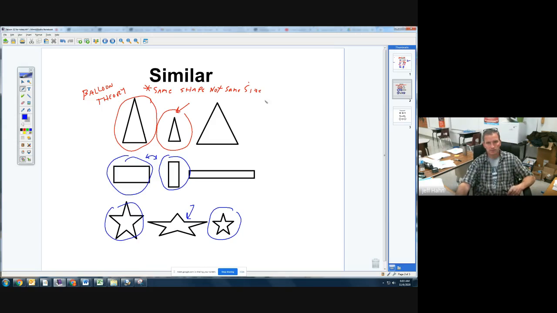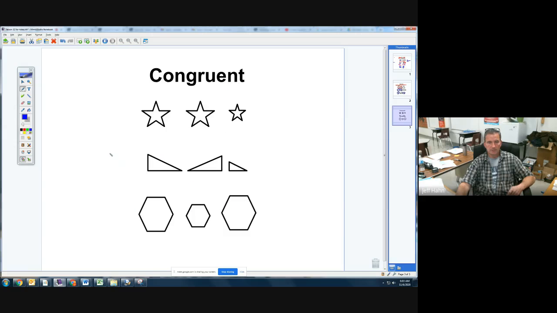And then the last one you got is, when we talk about shapes, what does it mean to be congruent? Congruent means they have to be exactly the same. Exactly the same, both size and shape.